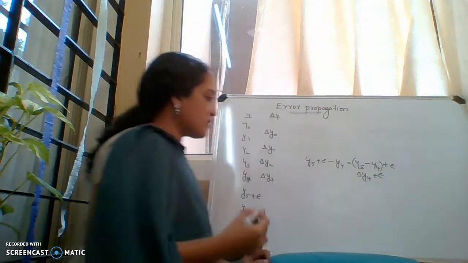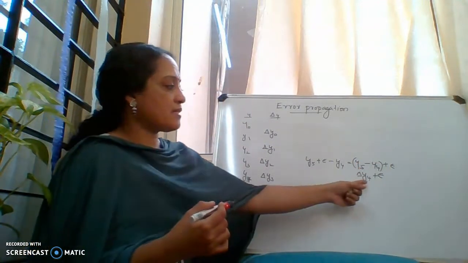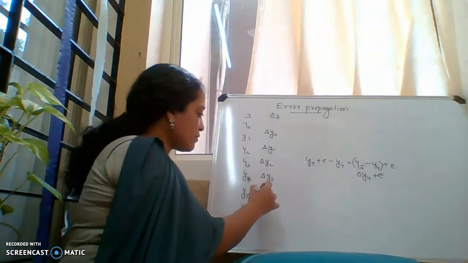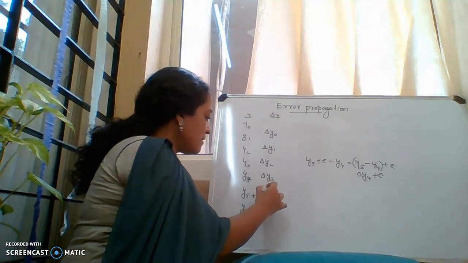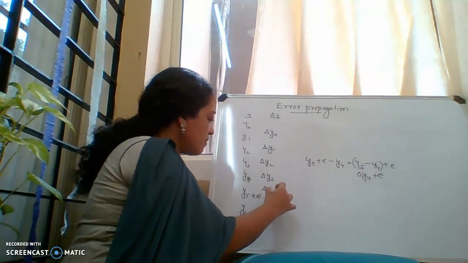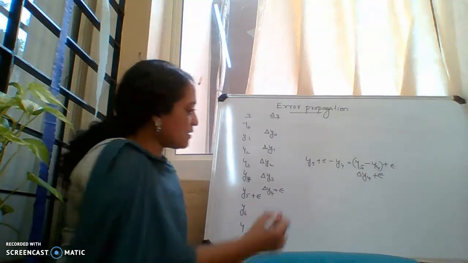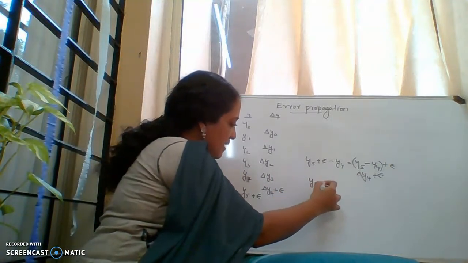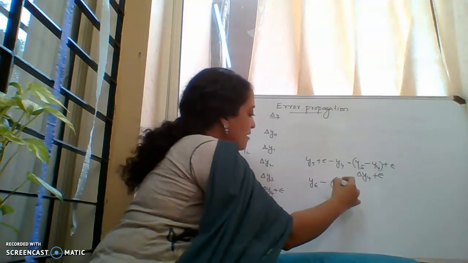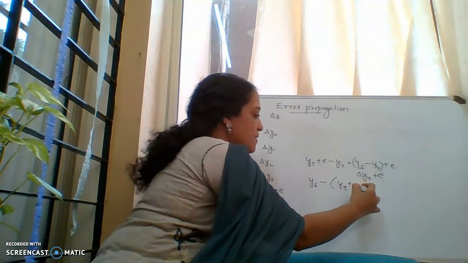So in the next step, we will be getting delta y4 plus epsilon. So here comes delta y4 plus epsilon. And again, the next difference is y6 minus y5 plus epsilon.